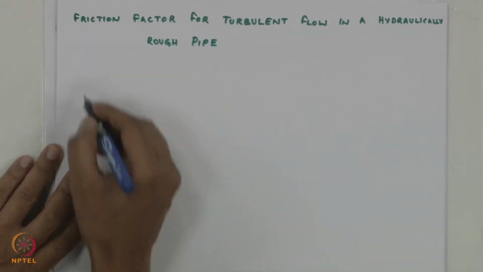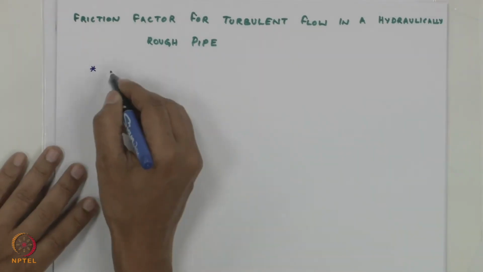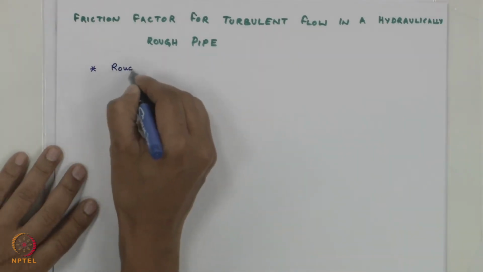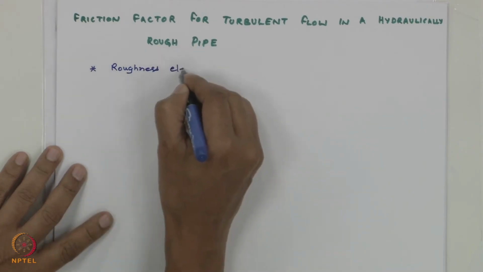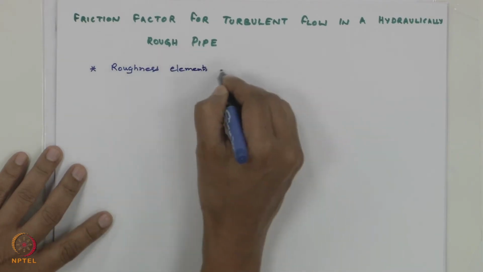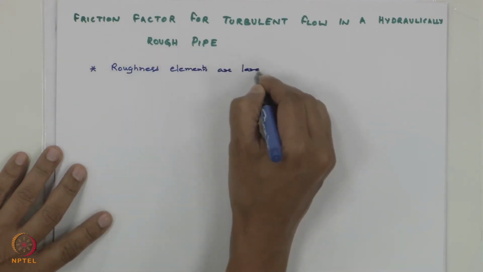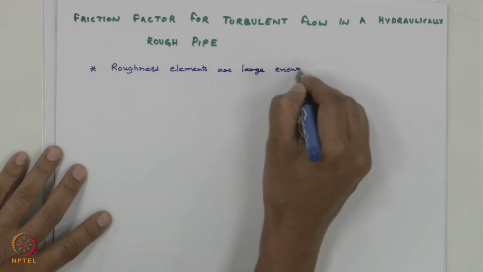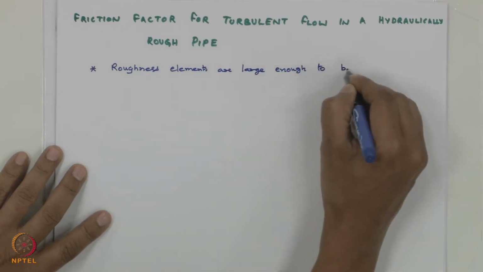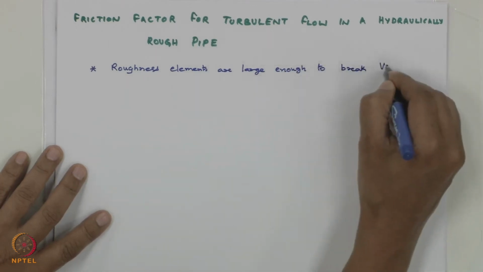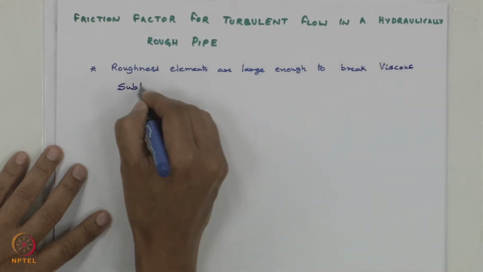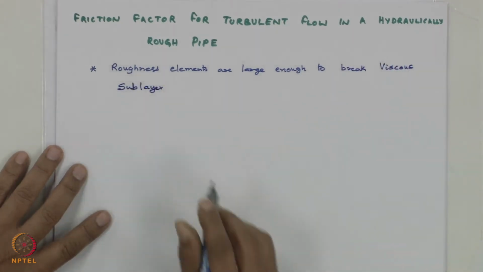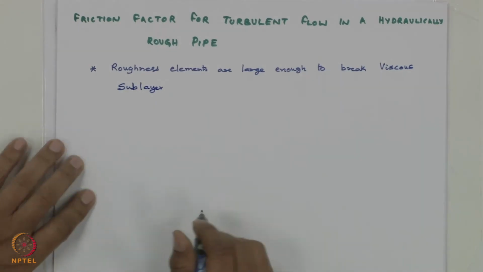So, before I say what should be the roughness height, the roughness elements are large enough to break the viscous sublayer. I have already told this, but I have formally written it here.